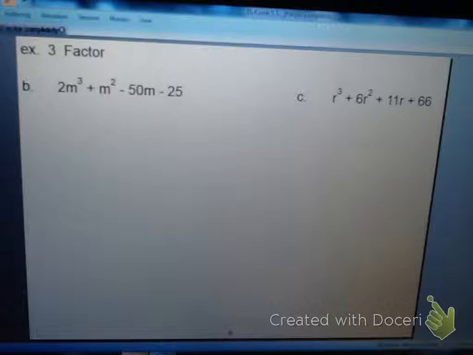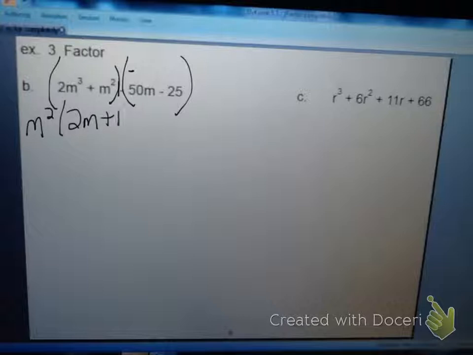Example 3b, do I have a GCF? I do not have a GCF, so I'm going to just go straight to factor by grouping. Make sure that negative is inside. I'm going to factor out an m squared, and I get 2m plus 1. I'm going to factor out a negative 25, and I get 2m plus 1.